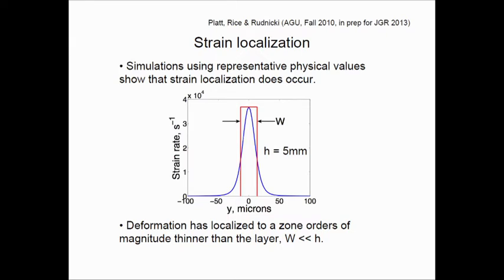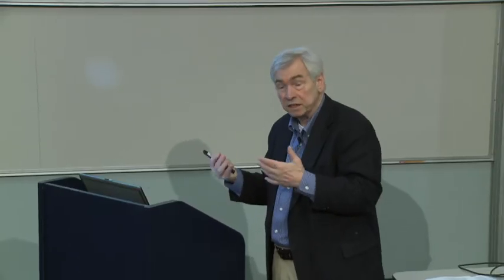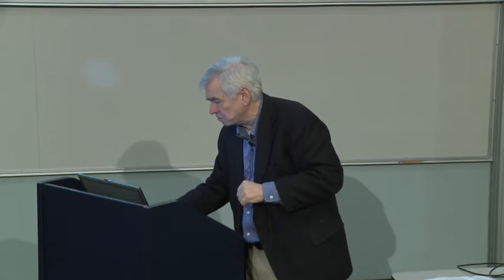So what is 50 microns over 5 millimeters? That's like a hundredth. Sorry, I'm not doing the math very well. Help me out. But that's a small fraction of the overall thickness of the zone. So this shows that the nonlinear solutions really do have strong localization.